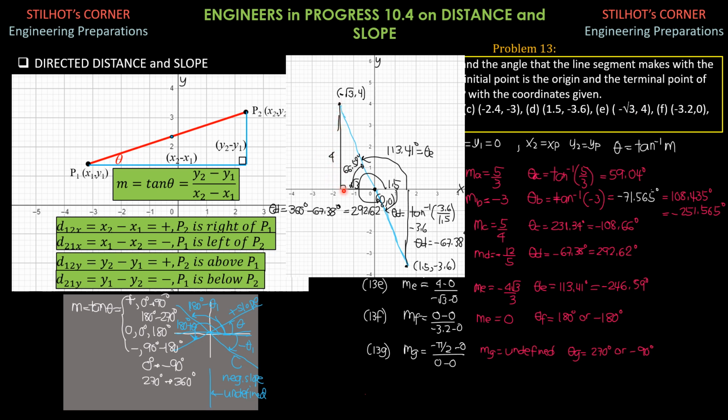Then E, negative square root of 3, 4, which is in the second quadrant again. Then this is 4 units. This is square root of 3 units, but just made positive so that we can compute this angle directly. Inverse tangent of 4 over square root of 3 is 66.59 degrees. Use your calculator there.